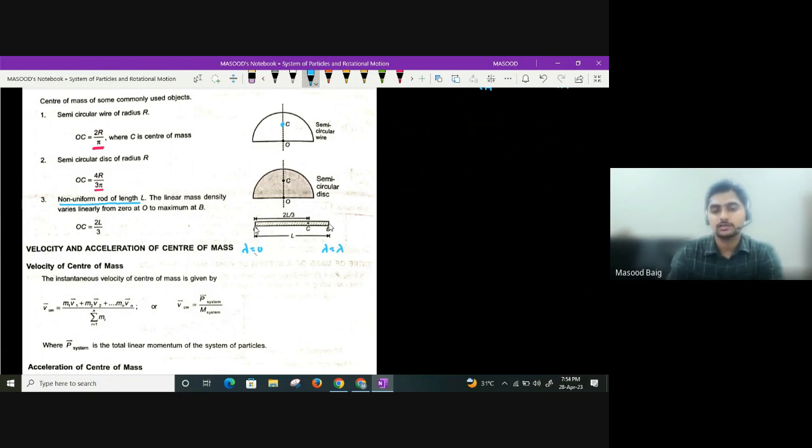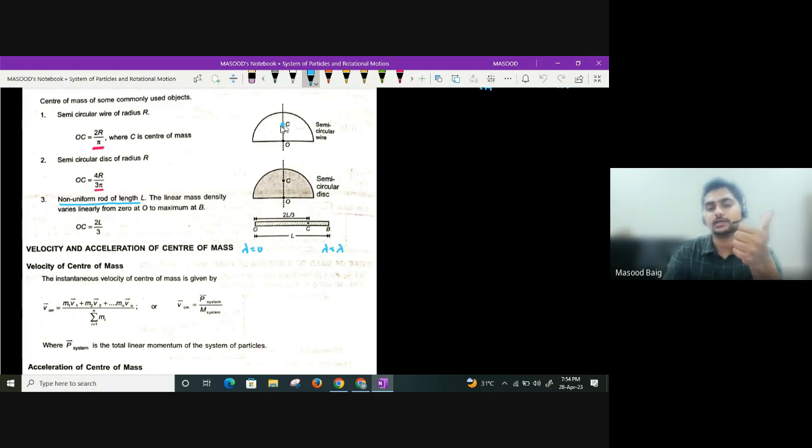Yes. Here mass is more. So if you take a uniform rod, center of mass will be at the center. But if you take a non-uniform rod, on the left side we will have less mass and on the right side we will have more mass. So did the center of mass get shifted to a location where there is more mass or not, guys? Yes. Right. So what are the points that you can understand here?